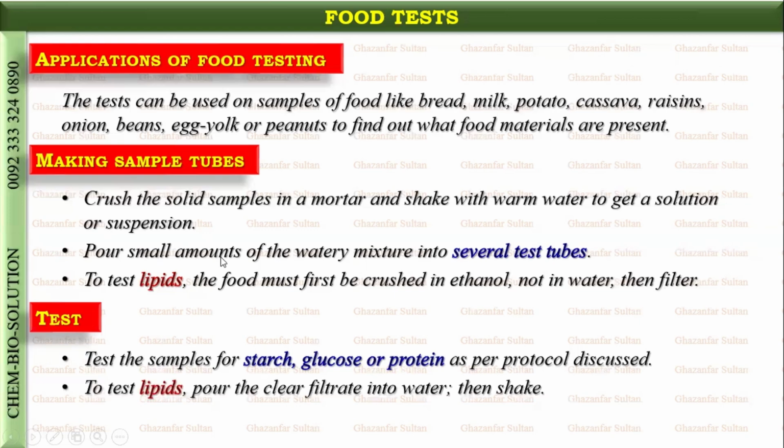And for lipid, for the clear filtrate that we have obtained in this last step, if you get the milky white emulsion, then the sample contains fats or oil. Or for starch, glucose, and protein, you have seen the same result would appear if these are present in your food sample.